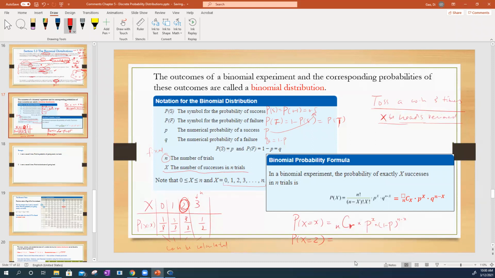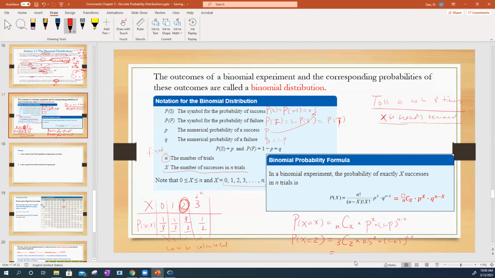So that tells us what? n choose r. n choose, not r, I'm sorry, n choose x. So that is what? 3 choose 2 times the little p, 0.5, right? To the power of 2 times 1 minus 0.5 to the power of 3 minus 2.